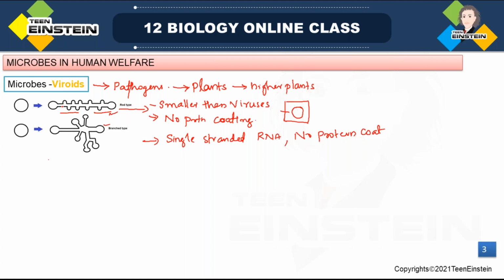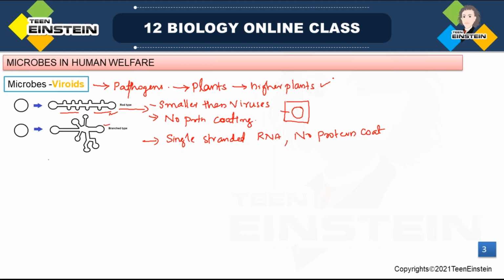So when plants get this infection, I said it affects the higher plants, right? First, it is affecting the higher plants. When plants are infected with these viroids, that may cause the complete loss of the crop. The whole crop may get destroyed or be affected completely.